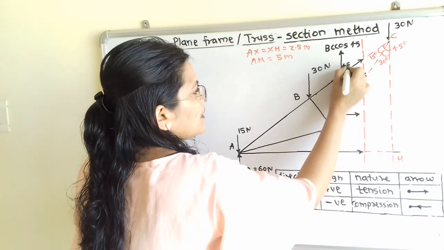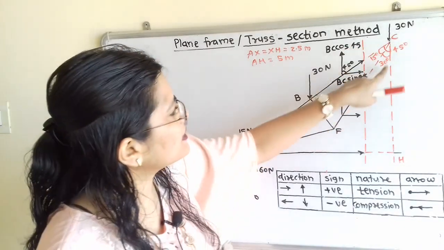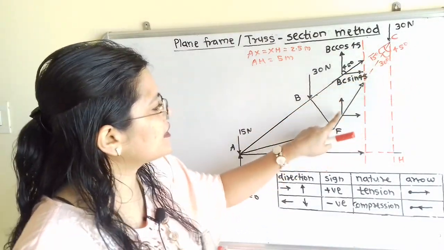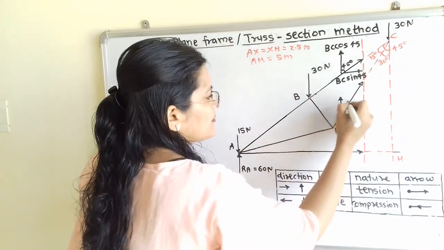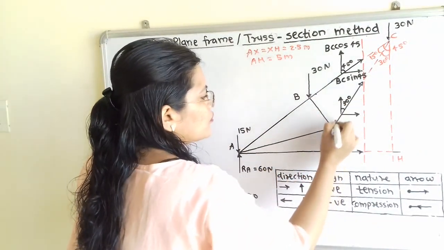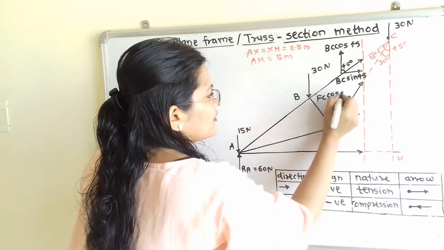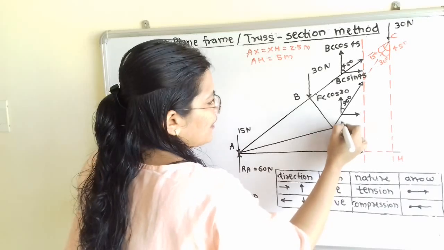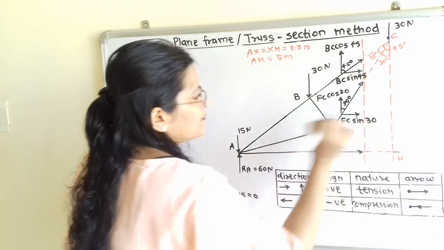In the same way, FC is making an angle of 30 degree with the vertical line. So for the vertical component it is making 30 degree. So FC cos of 30 is the vertical component, and for the horizontal component FC sin of 30.